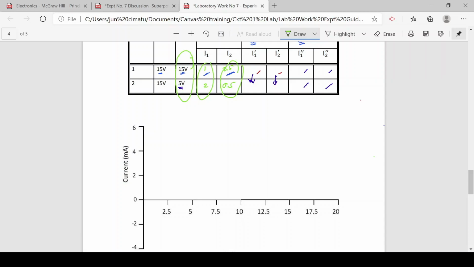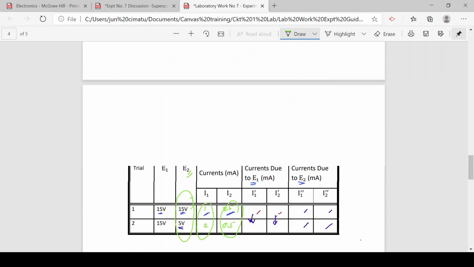Now, how shall you plot the graph is my concern. At 15 volts, I sub 1 is 1 ampere. Now, at 5 volts, I sub 1 would be 2 amperes. So the trend is it would increase.